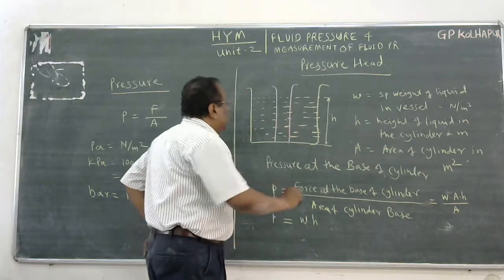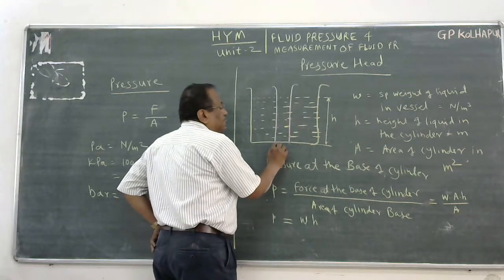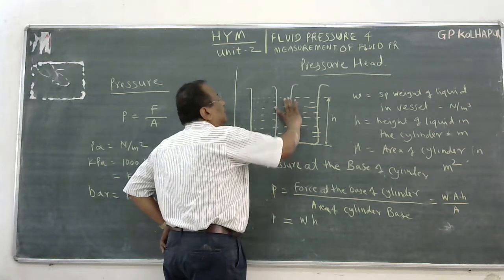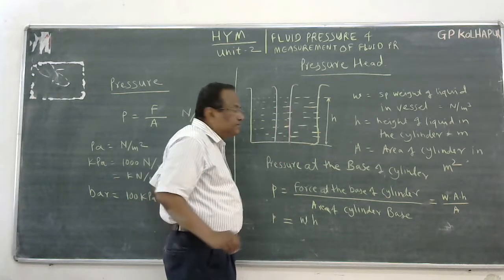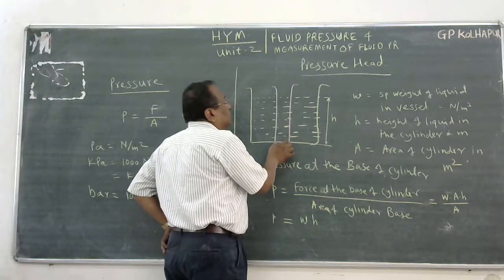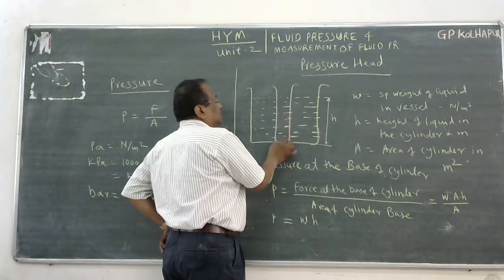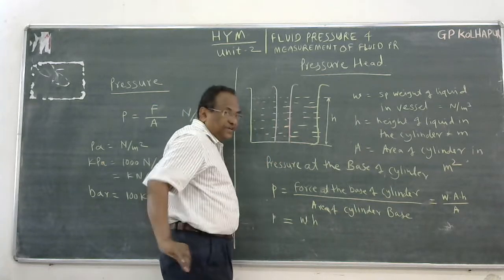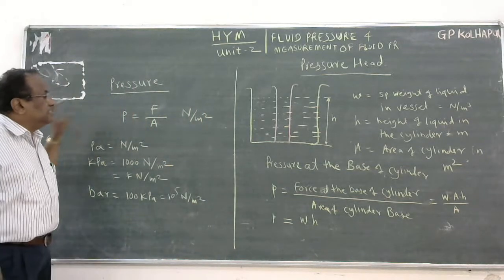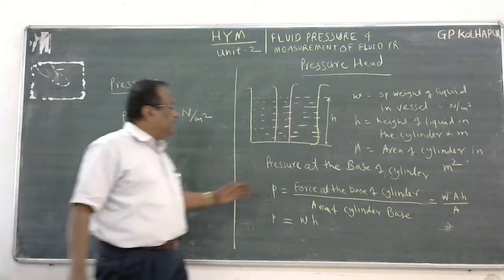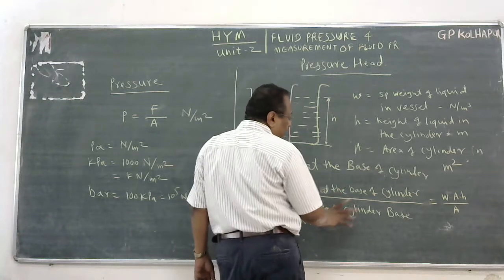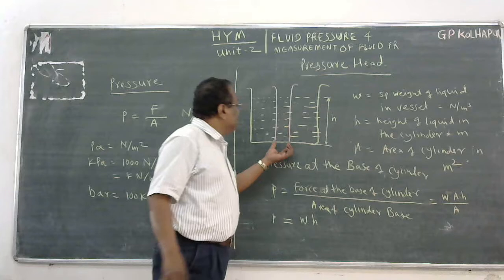Now consider what will be the pressure on the area of the base of the cylinder due to the liquid column above it. We know from this formula, pressure is equal to force divided by area: force at the base of the cylinder divided by area of the base.